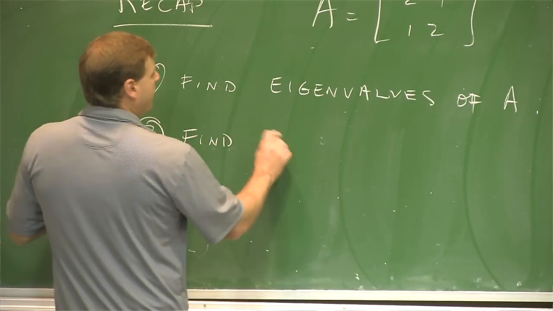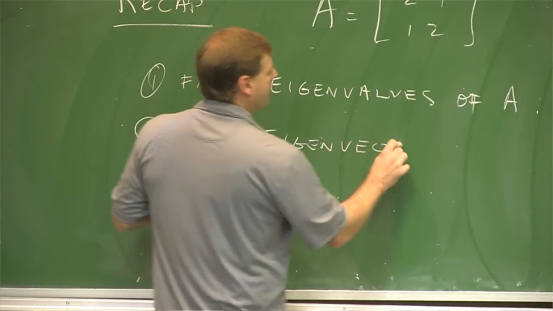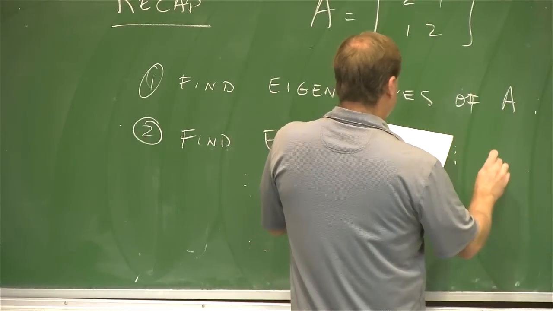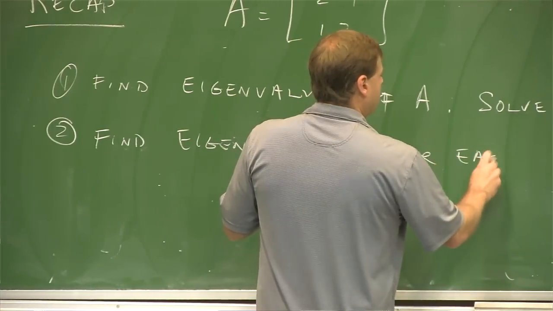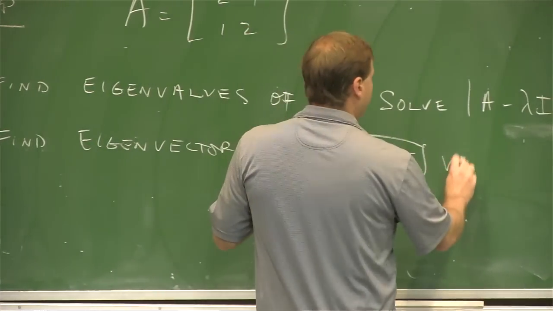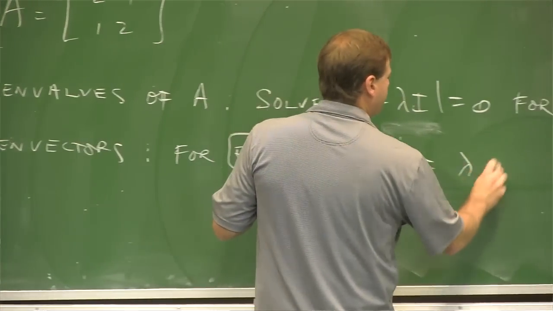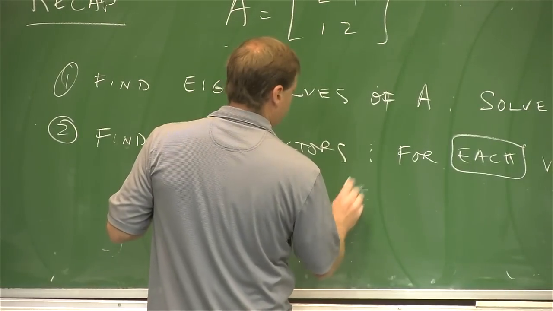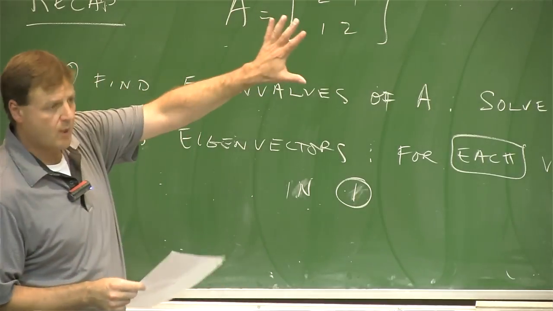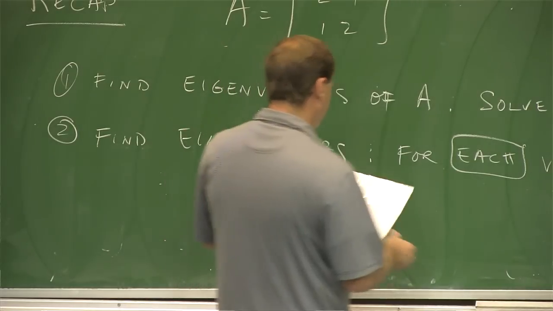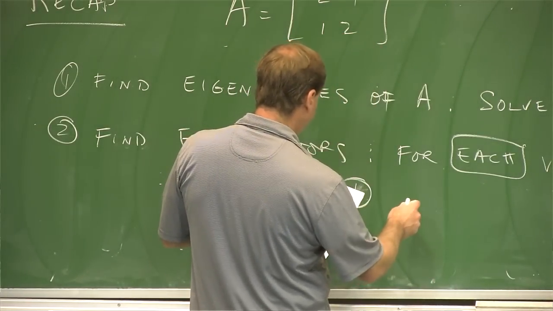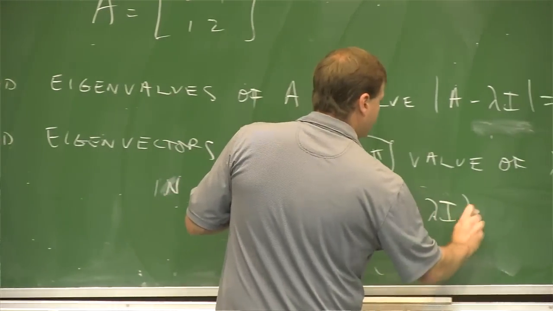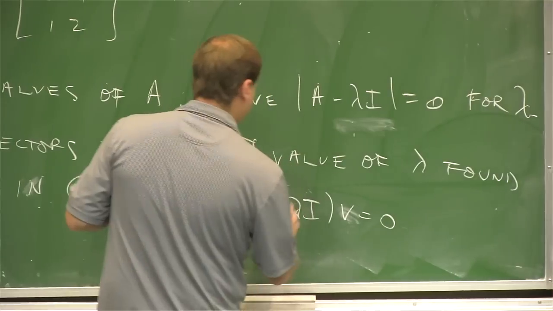Then the next step is to find the eigenvectors. These are the vectors that go with each of those lambdas that you found in part 1. So for each value of lambda found in part 1, notice we did it twice because we had lambda equals 1 and lambda equals 3, solve A minus lambda I times V equals 0.